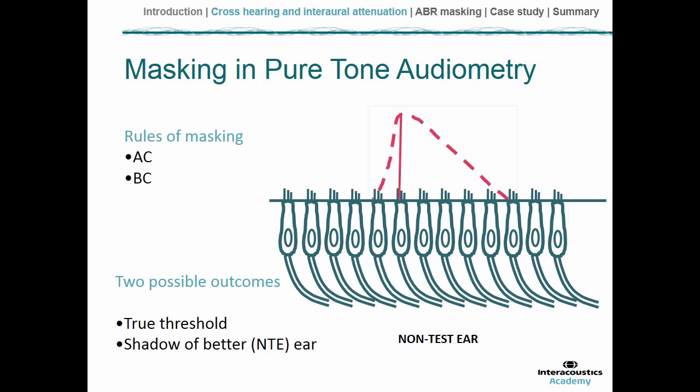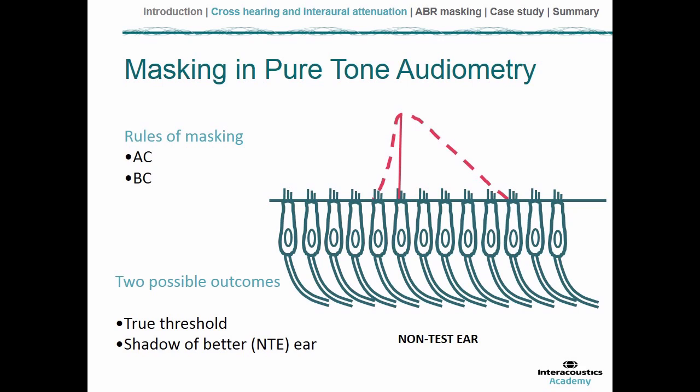And this red hatched area here shows the envelope, the excitation pattern on the basilar membrane of the non-test ear when a sound is actually cross-heard. So this is the sound that's crossed over from the other side and is picked up in the non-test ear.